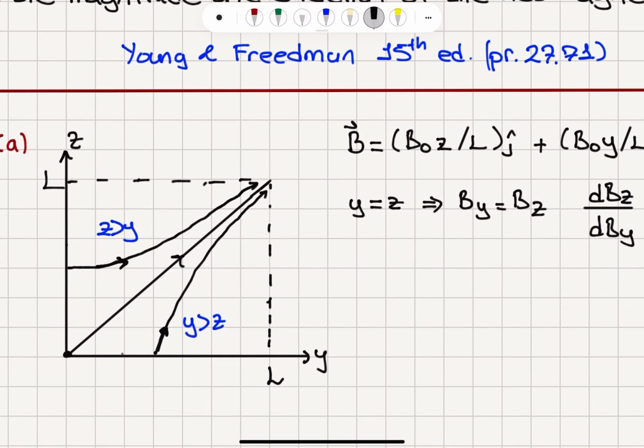So when y is equal to z, the magnetic field vector makes 45 degrees with the y-axis and 45 degrees with the z-axis, so the y and z components are the same.